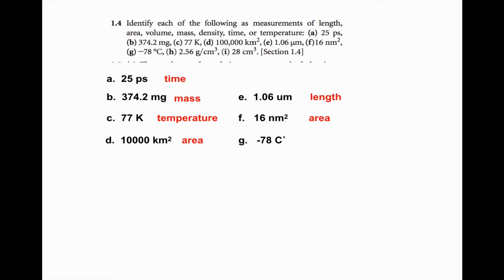E, micro stands for millionth, so this is a millionth of a meter, a measurement of length. Nano stands for billionth, so there are 1 billion square nanometers in a square meter. Well actually no, it's a derived unit, so it would be different, but nonetheless, nano means billionth, so very small area.